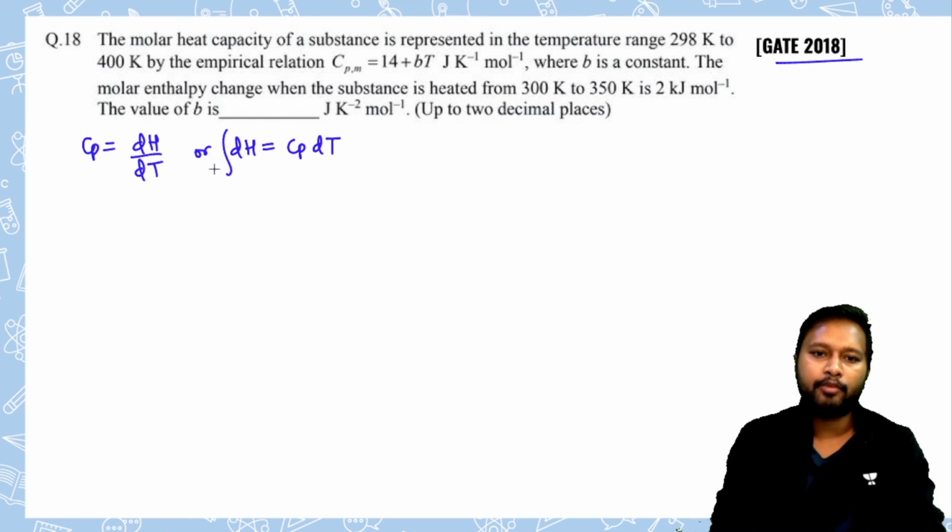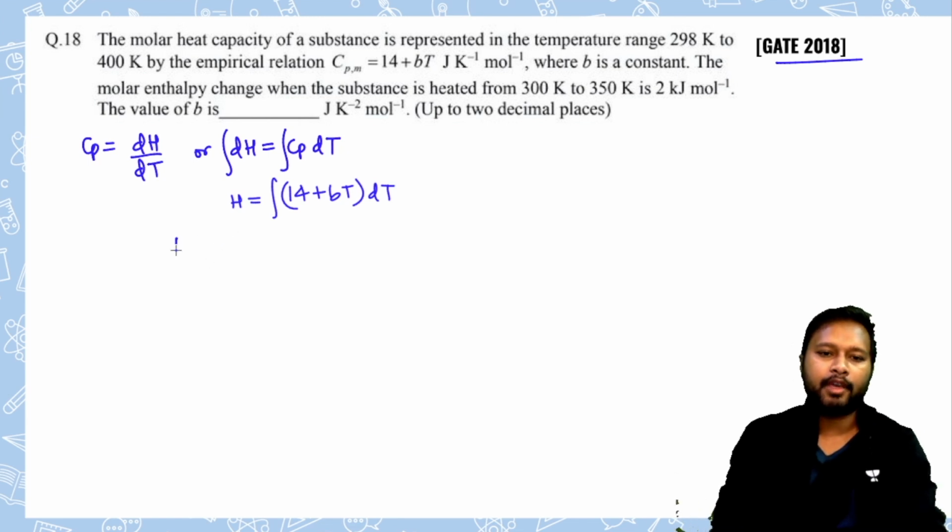So if you integrate both sides, what are you going to get? Your dH will become H, and Cp is 14 plus Bt, dt, and integration of that.